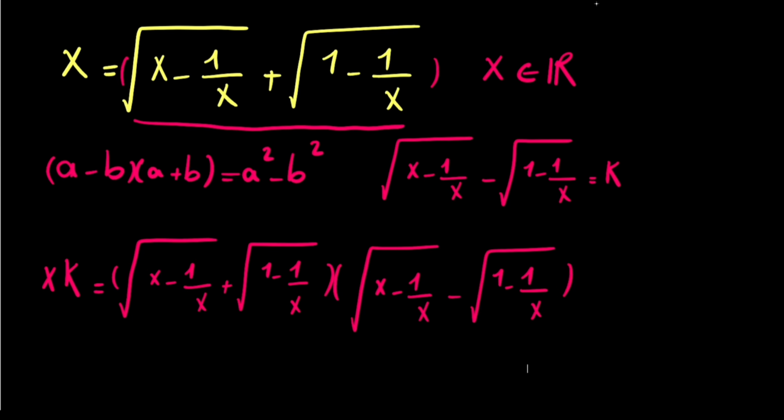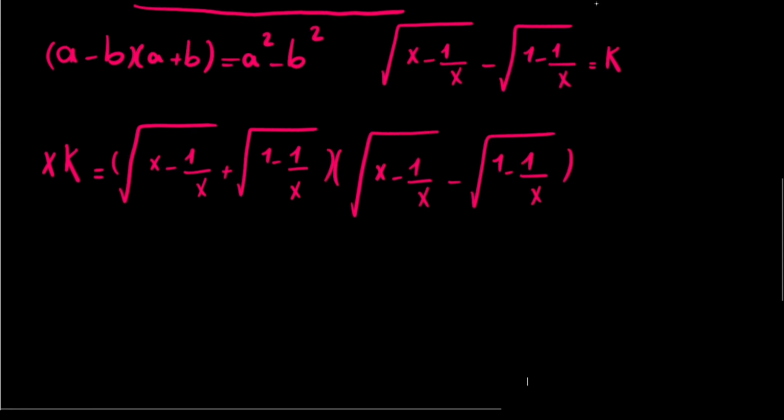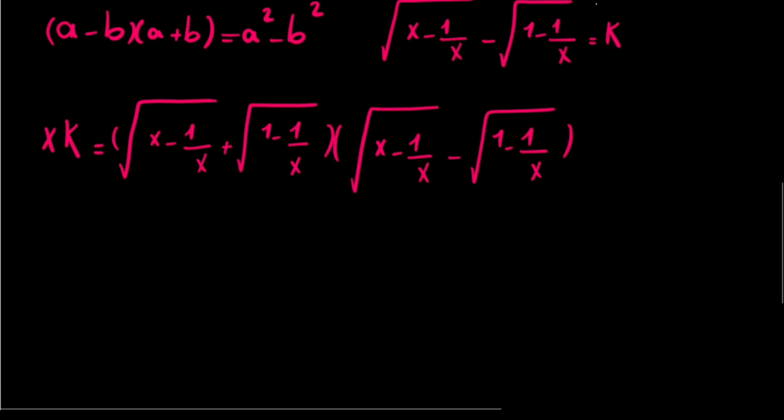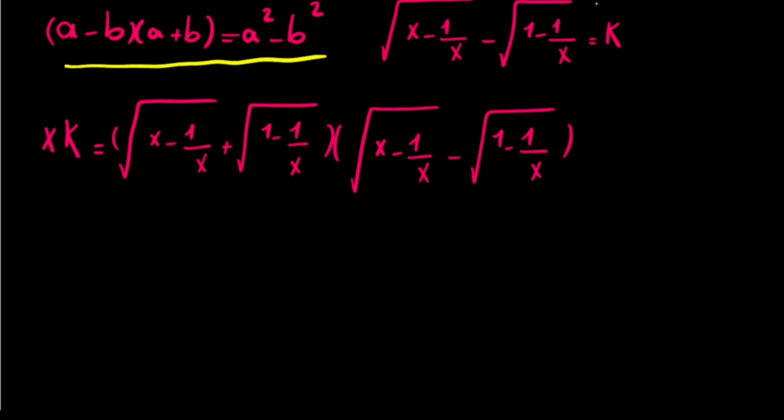Now, according to this really nice point that I wrote for you, you can write x times k on the left side. On the right side, you can write (x minus 1)/x minus (1 minus 1/x). Why?